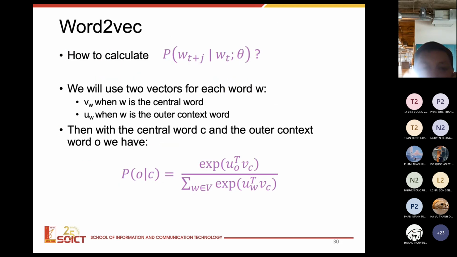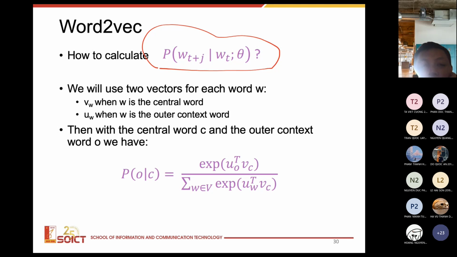So how do we calculate the probability of having w_{t+j} given w_t and theta? In that algorithm, they use two vectors for each word w.